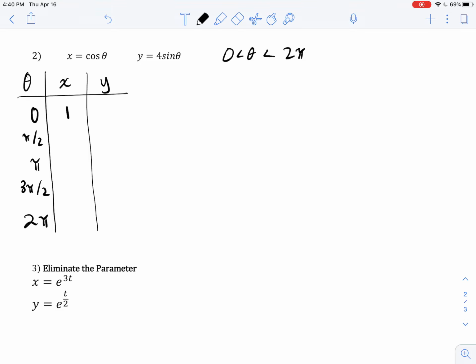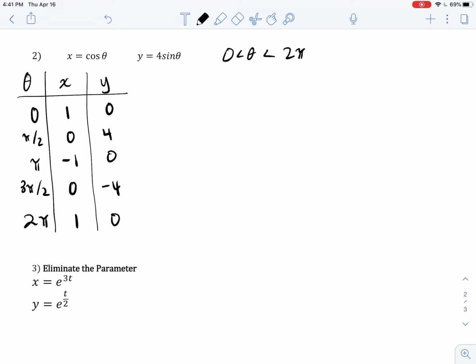Okay, and if you haven't already done so, now pause and see if you can fill out the rest of this table. If you did so, you should get the following: 0, -1, 0, and then 1. For our y values, we should get 0. And since we're working with 4 sine theta, we're going to multiply all of our outputs by 4. We should get 4, 0, -4, and 0.